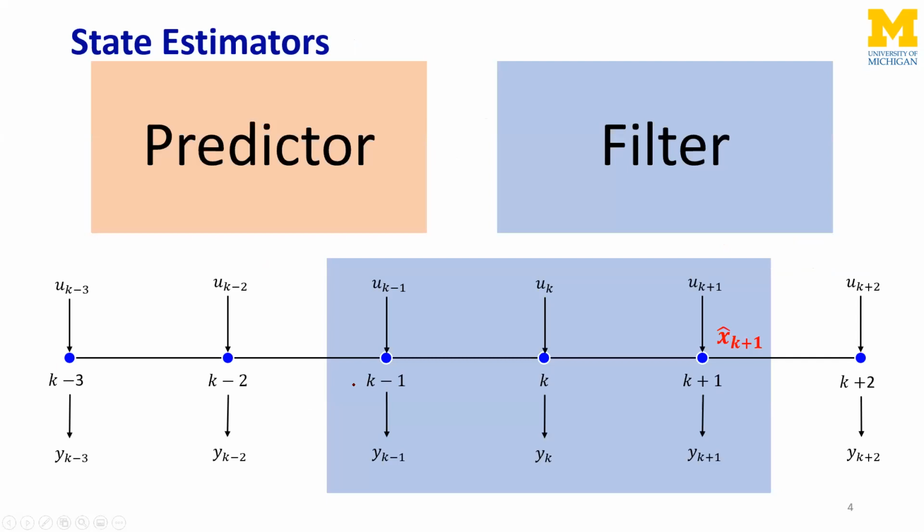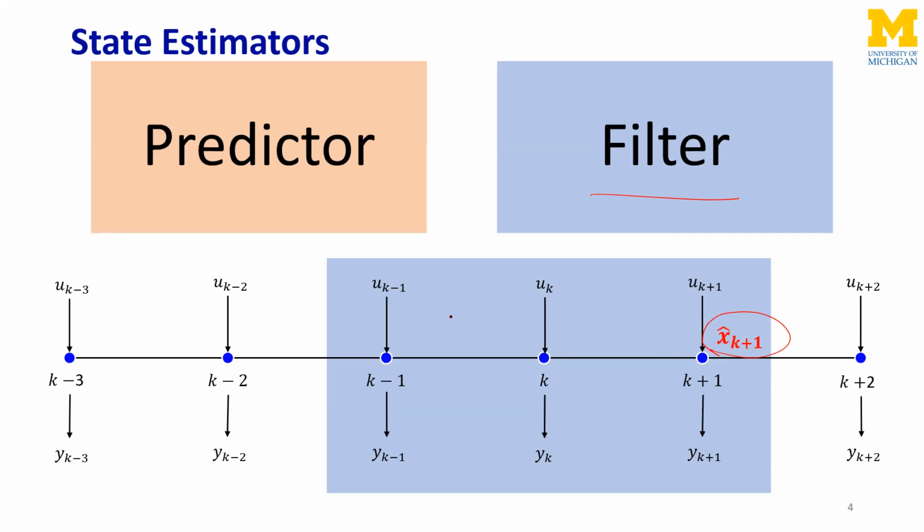So in this lecture, we will be focusing on filters. The key property of a filter is the fact that it is using data up till step k plus 1 to produce an estimate of the state at step k plus 1.